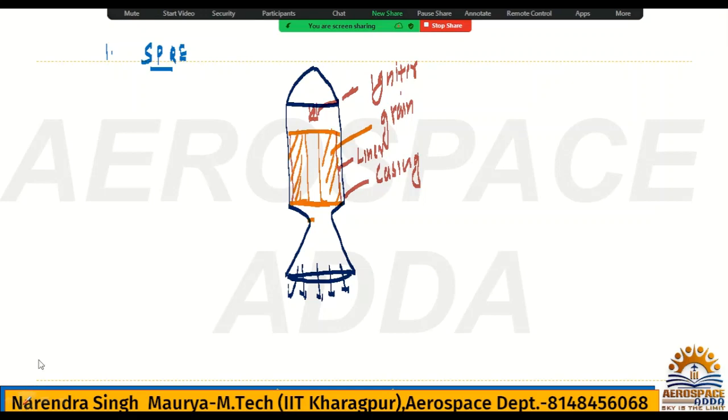Sorry, let's correct this. Here, this is the igniter, and what is this? This is nothing but payload.